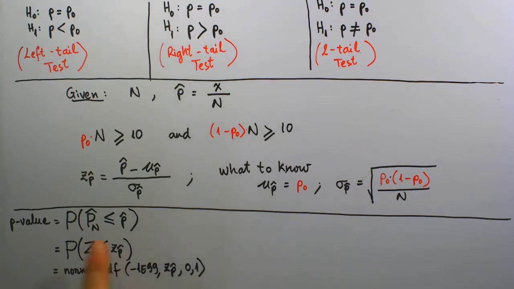So this is how we calculate our p-value when our test is a left tail test.